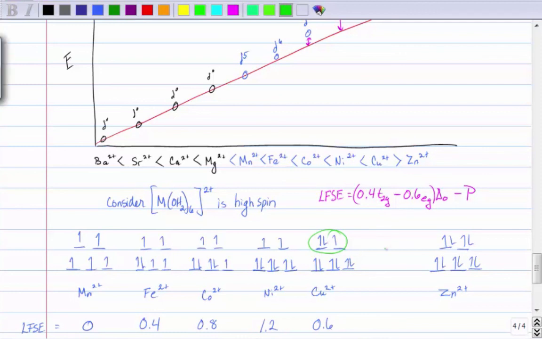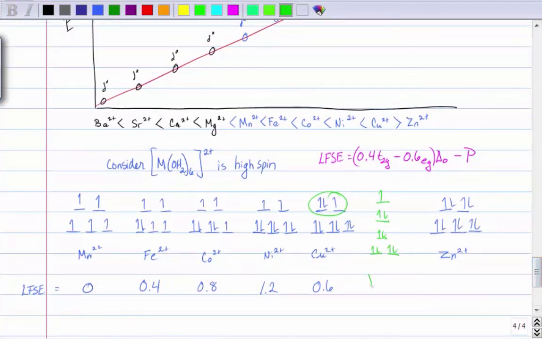So these orbitals split to give you lower energy orbitals that apparently give us a much more stable complex. Jahn-Teller. So this gives us extra ligand field stabilization energy.